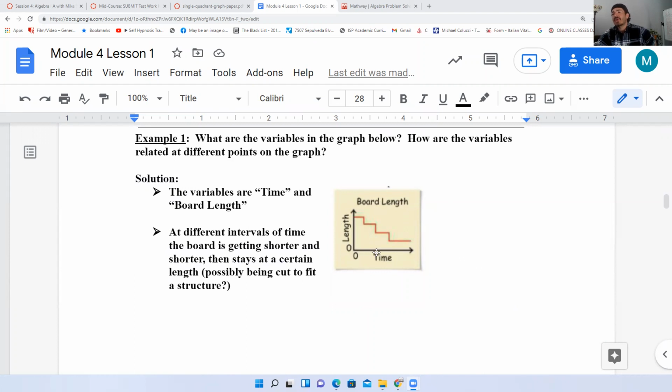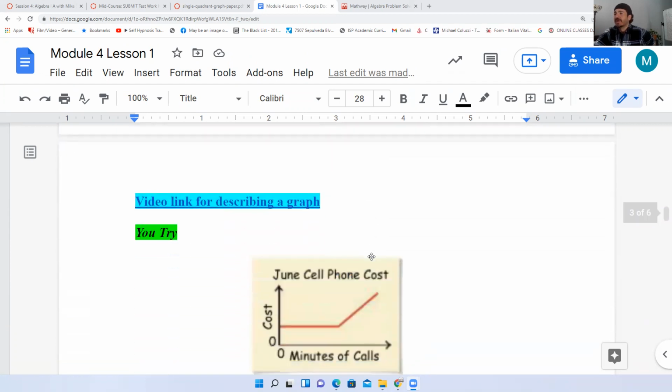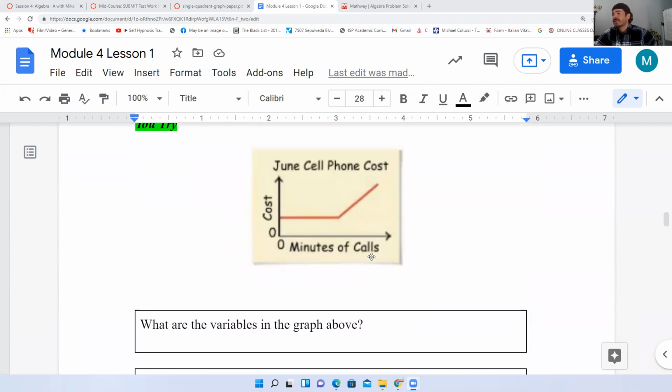It's very, very common for the horizontal to be labeled as time and to represent time, but it's not always going to represent time. It has to be clearly stated. At different intervals of time, the board is getting shorter and shorter, then stays at a certain length, possibly being cut to fit a structure.